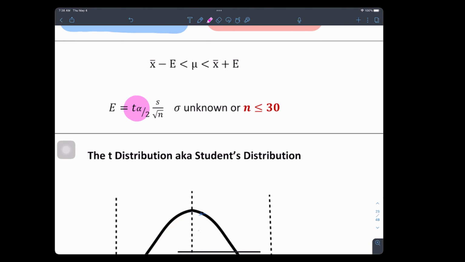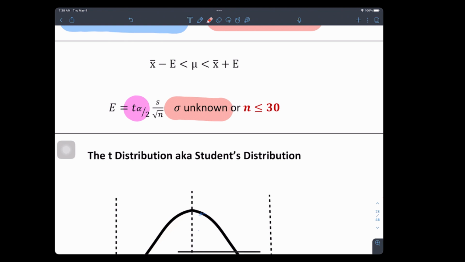Now, this is kind of realistic. What's realistic is that sigma is unknown. So if our sigma, the population standard deviation, is unknown, then we use the t distribution.